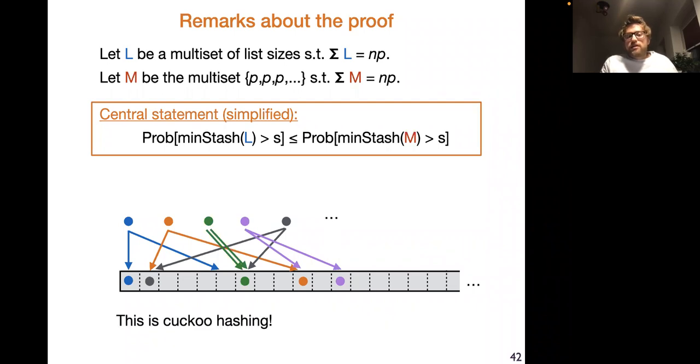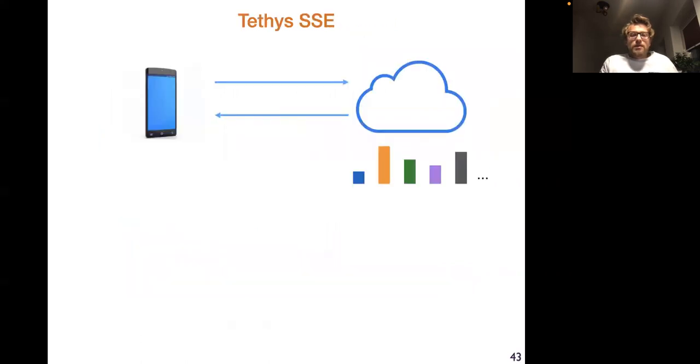Then this is exactly cuckoo hashing. So what we built is a weighted version of cuckoo hashing, and we can reduce the stash analysis of this weighted version to the standard cuckoo hashing stash analysis. So the bound is coming from the bounds for standard cuckoo hashing. So far so good for the proof.